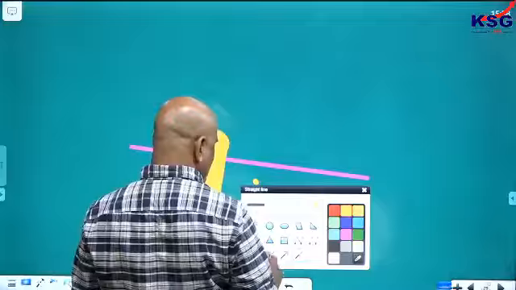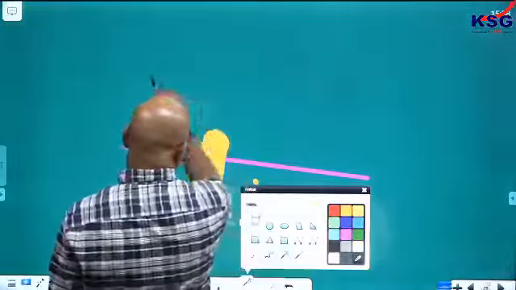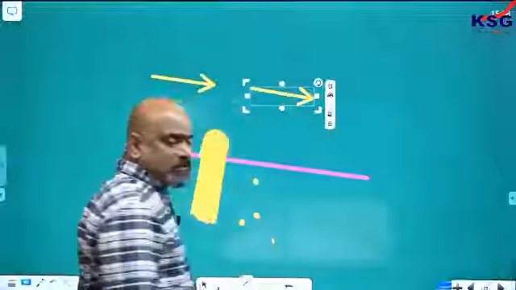And on this side there is movement of a glacier in this way. The glacier is moving in this way.